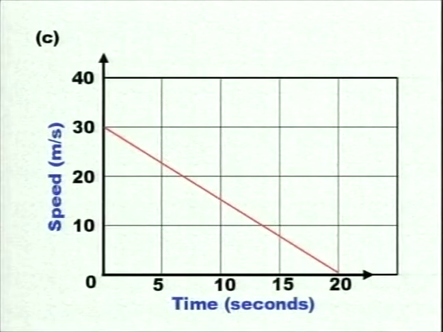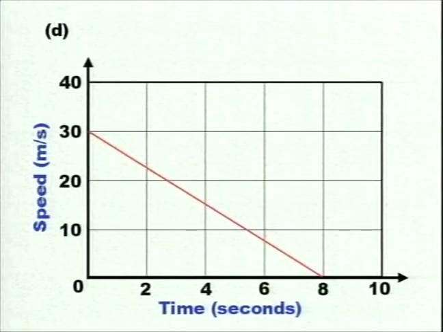Correct. C, Jake. Retardation of 1.5 meters per second squared. Retardation is 1.5 meters per second squared. Good. If it's acceleration, then it will be negative 1.5 meters per second squared.